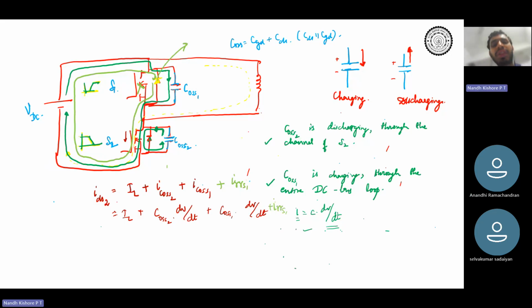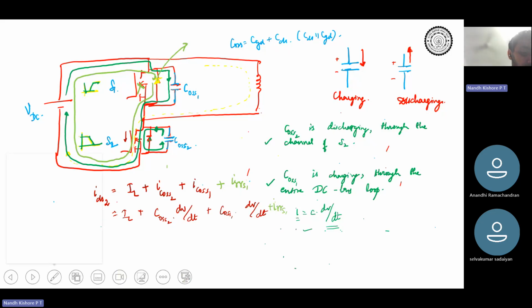So what happens if the voltage changes? It means that the voltage across a capacitor is changing. If the device is blocking 400 volts, it means that COSS is charged to 400 volts. And if the device is turning on, it means that the voltage across the device falls, which means that COSS is discharging, right?